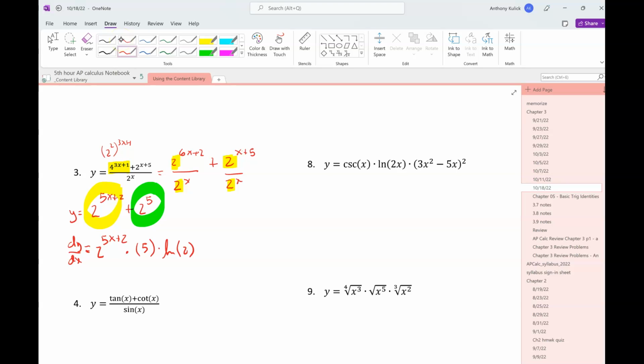Sophia: For the 5 times log of 2, is the 2 from the base? Yeah, so the derivative of something like this, that's the derivative rule that I used.